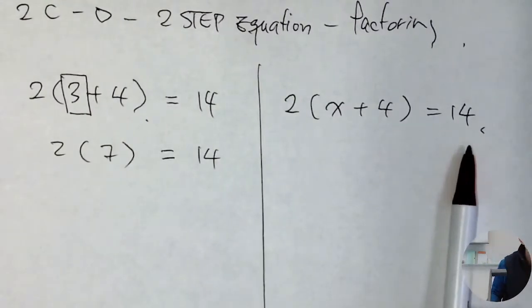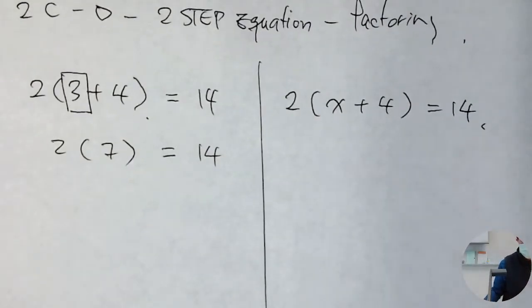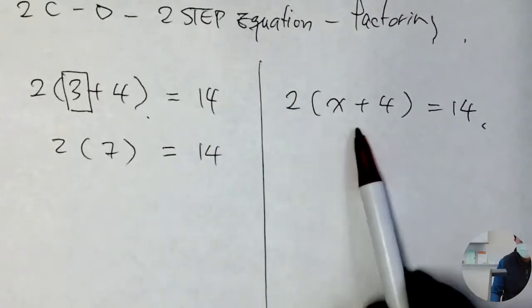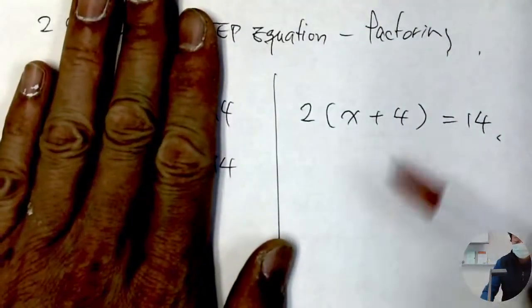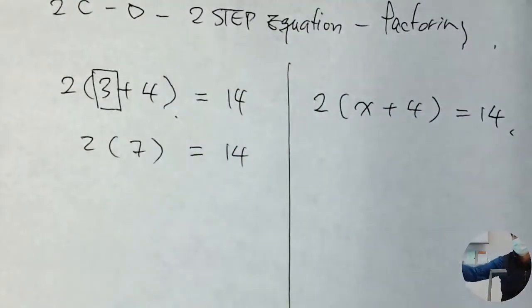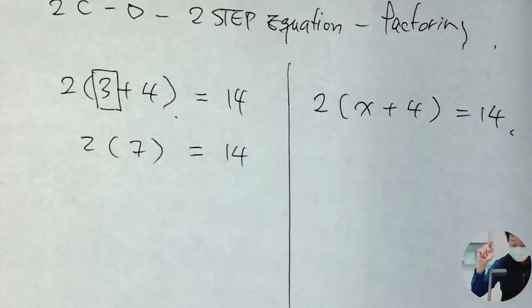How do we solve for it? Any suggestion? We can't simply guess. How do we solve for x? If you don't know this part to start with, you were starting with this. Sophia, go ahead. I think minus 4. Minus 4?